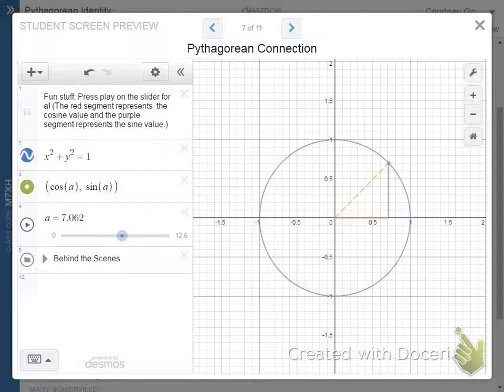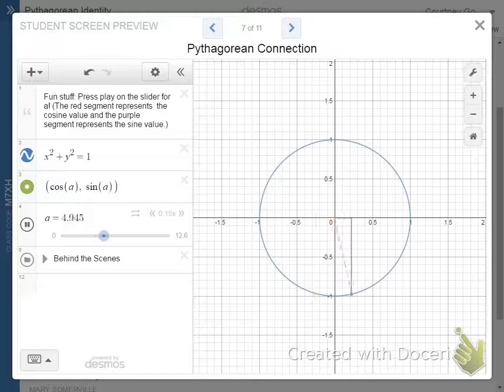Okay, so if I play this again, you'll see no matter what the angle is, the radius is always 1, right? That c, the hypotenuse side, is always going to be 1. One of the legs is always cosine, and the other leg is always sine. Okay, so the Pythagorean identity makes sense for this reason.